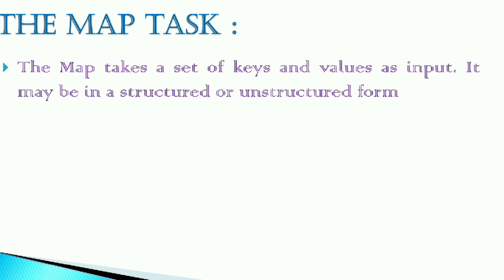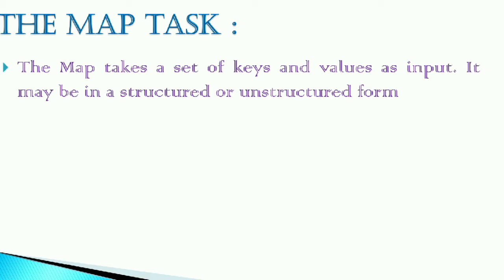Let us go for some further criteria. Map task. The map takes a set of keys and values as input. It may be in a structured or unstructured form. So, this particular data will be in the form of key value pairs.